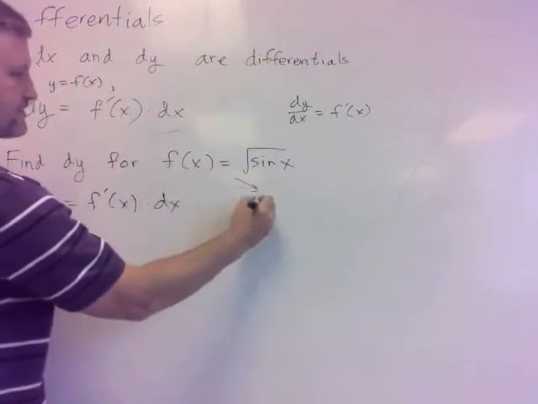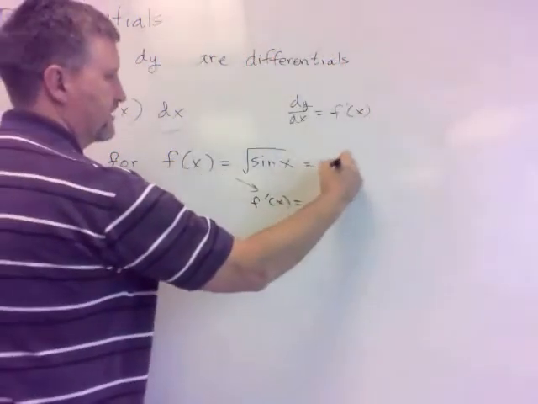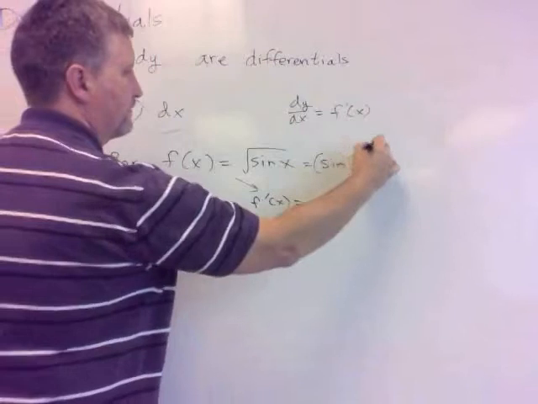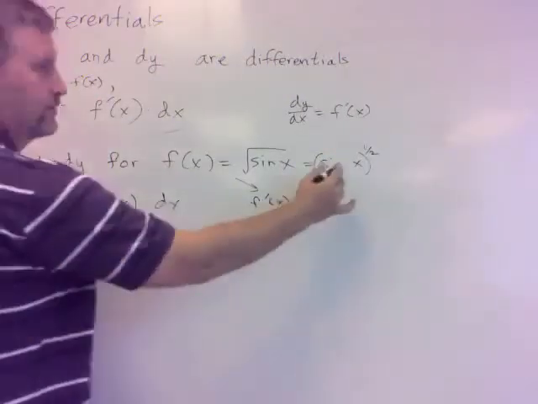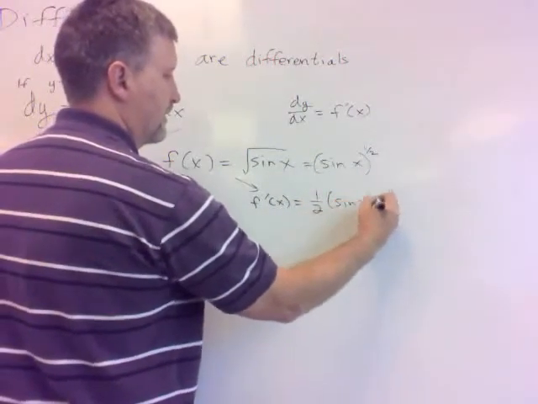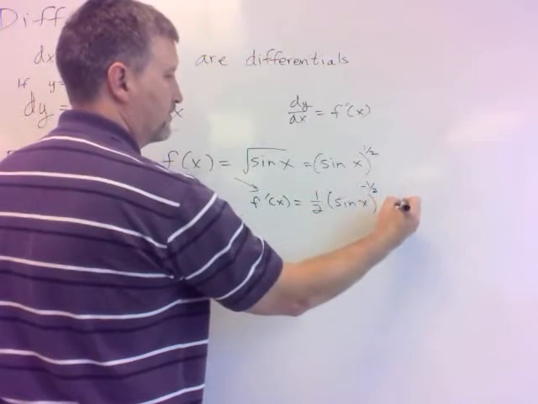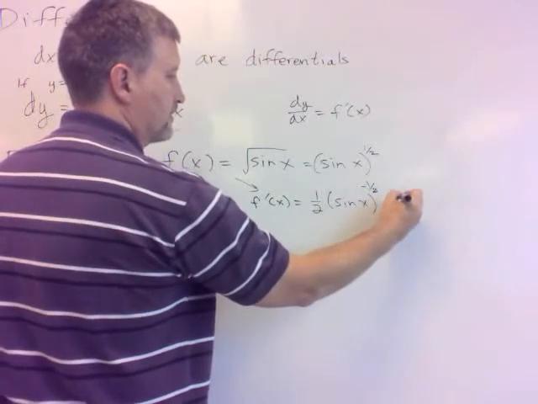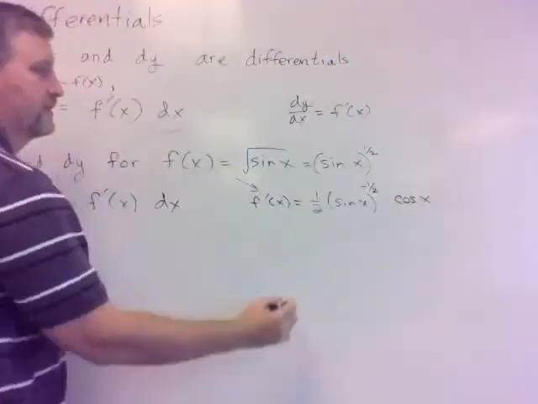Well, f prime, what is f prime? You might better say that's sine of x to the 1/2 power, right? Then use the chain rule. Chain rule says bring down the power, sine of x to the 1/2 minus 1, so it'll be negative 1/2, times what? Derivative of the inside, cosine of x.